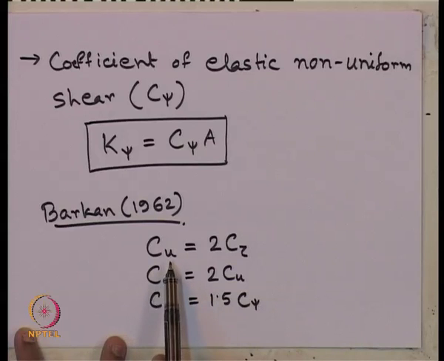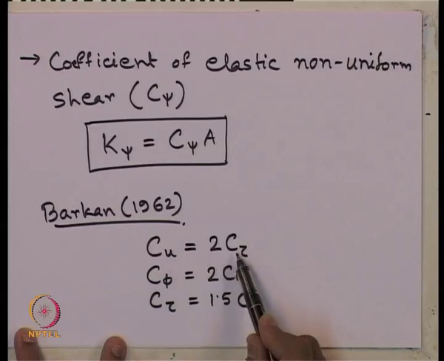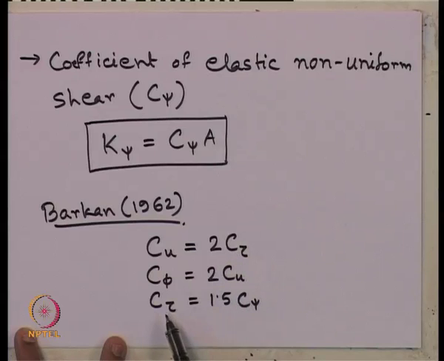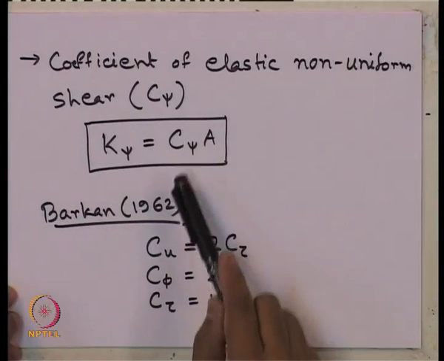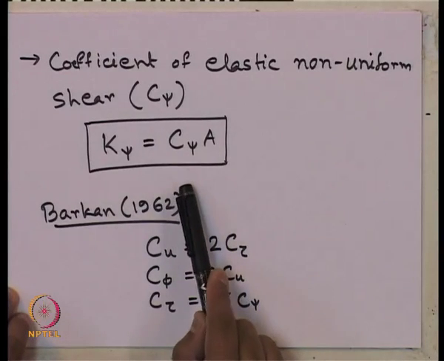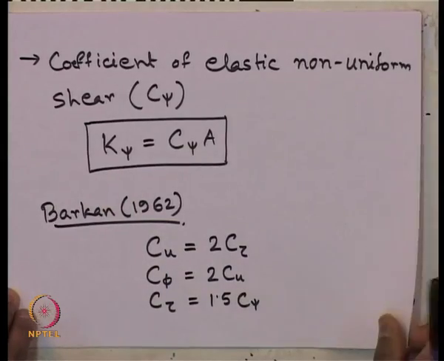At the site, as I have mentioned, we just determine Cu, and then using these expressions we calculate C tau. Once C tau is known, C psi also can be obtained, and from Cu we can get C phi also.